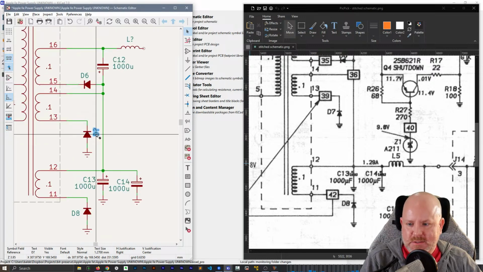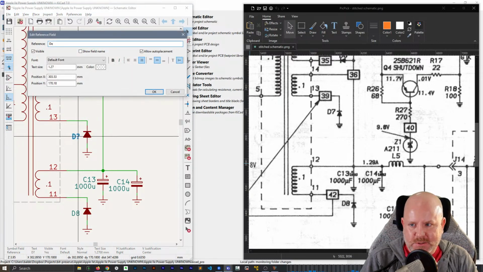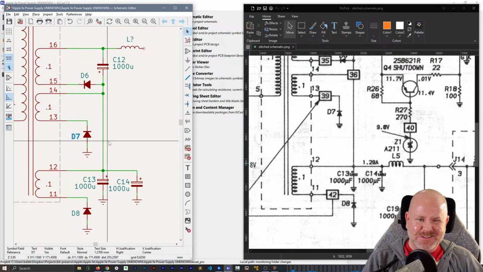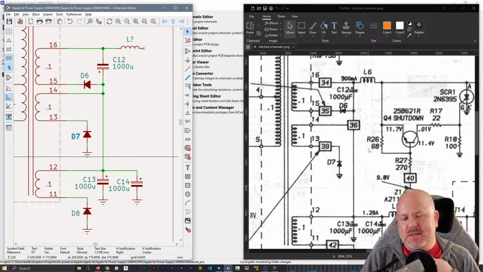So this was D7. One thing I did on this is I turned off automatic annotation, which when you're designing a circuit is really helpful, but in this case, not so much. What's really nice about it then, when I run ERC, anything that's not annotated is going to get flagged.